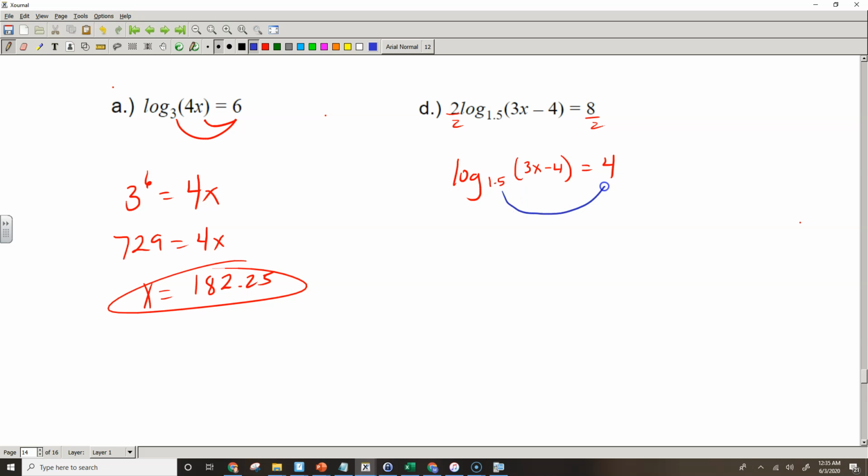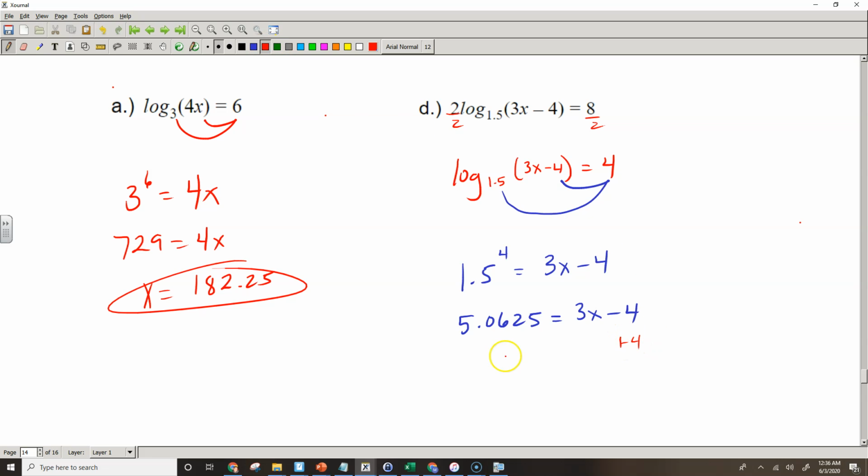So 1.5 to the 4th is equal to 3x minus 4. I'm going to go ahead and type in my calculator 1.5 to the 4th, which is going to be 5.0625 equals 3x minus 4.